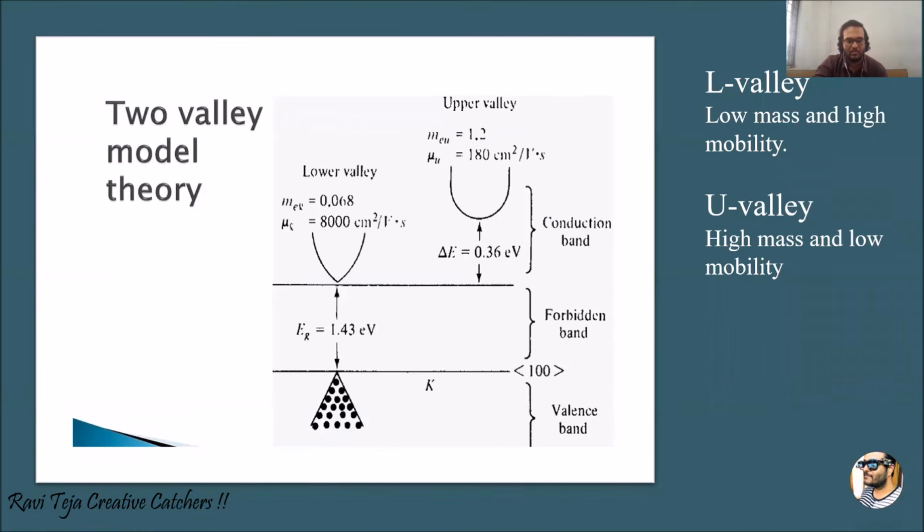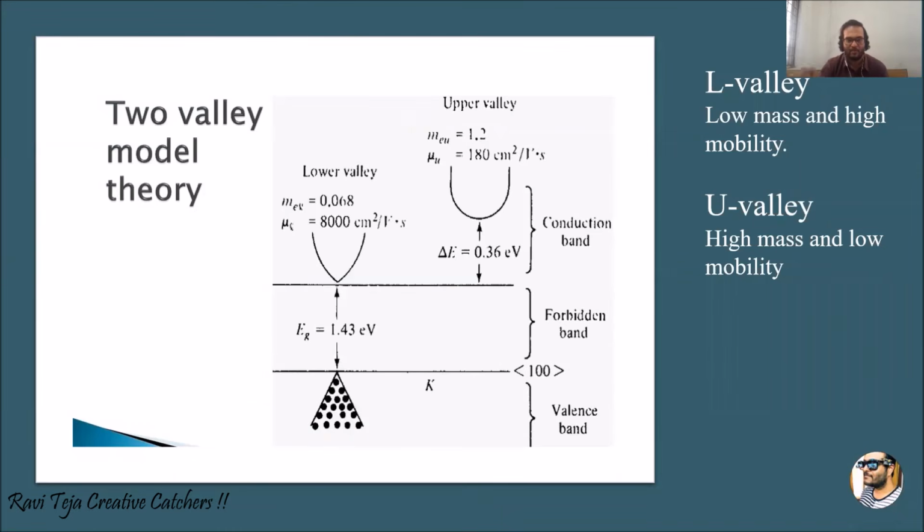So the electrons from the forbidden band move towards the lower valley in the conduction band, from where the current reaches a maximum limit. Now, even when the electrons reach the lower valley or the L valley, as the voltage increases, the current doesn't increase, it gradually reduces.